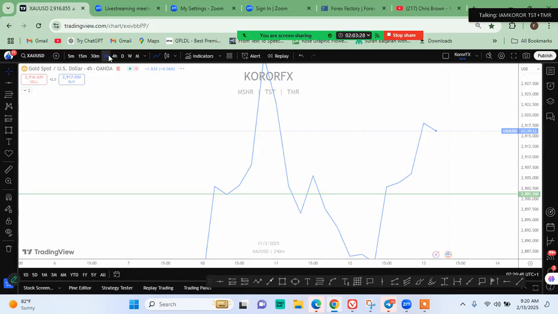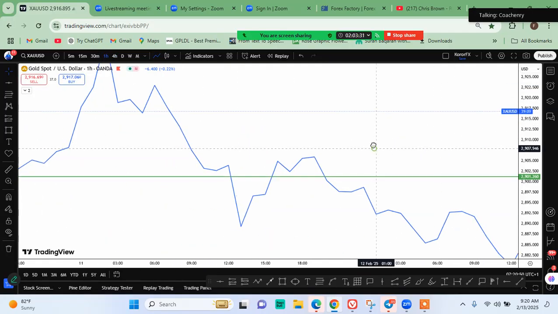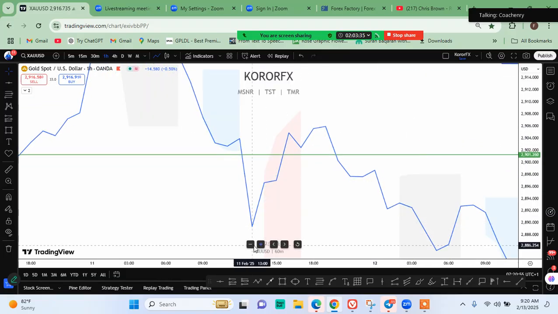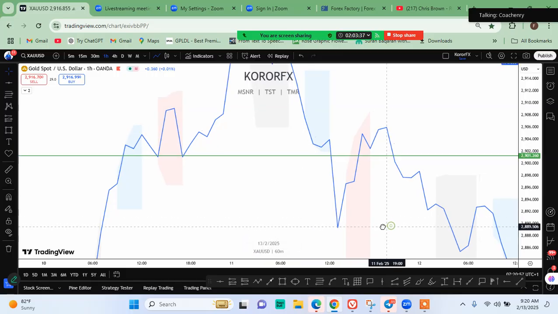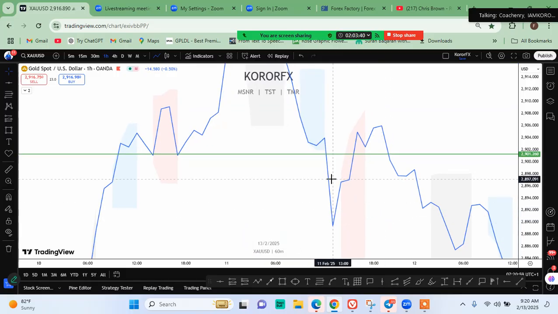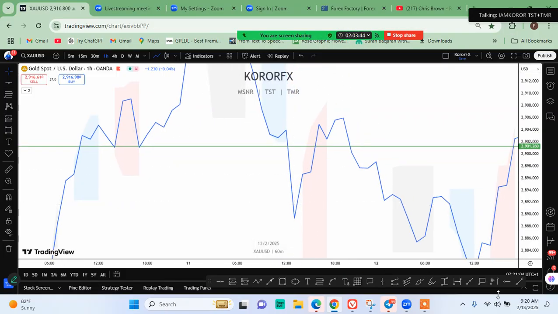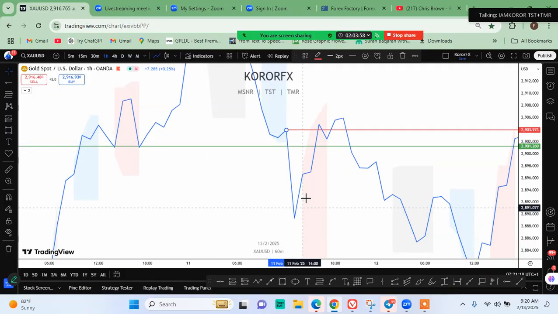So if I go to look here, in here you see there is resistance. This resistance is the one that broke out the 4 hour level. It broke it, right? So after that it must retest where it has broken.